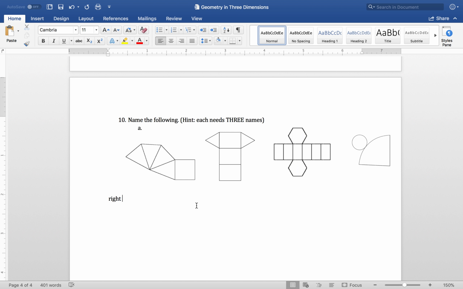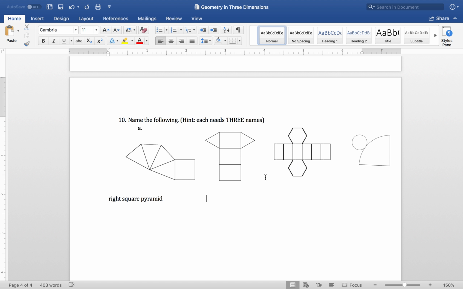And pyramids are going to have a whole bunch of triangles. That's going to be their giveaway. The thing that's not a triangle is the base. So that shape is a square. So this is a right square pyramid. You could have any base for a pyramid. We're used to seeing a square or rectangle, but we saw above we could have hexagons and pentagons, octagons.